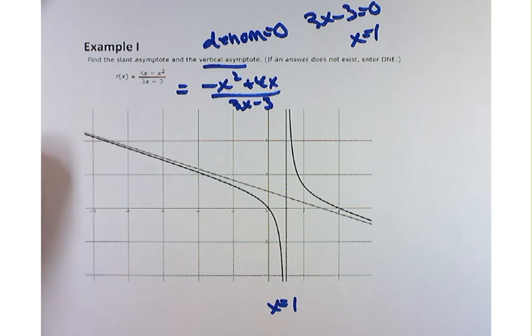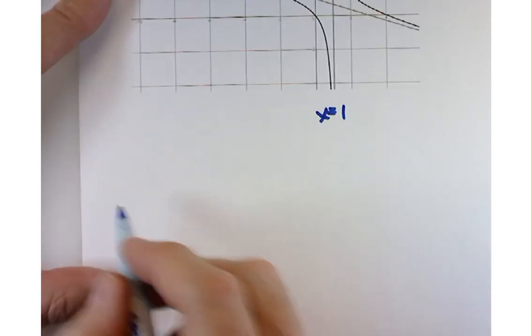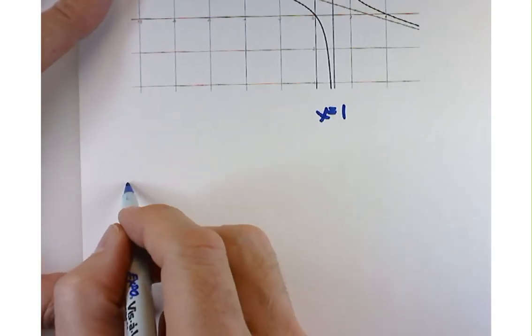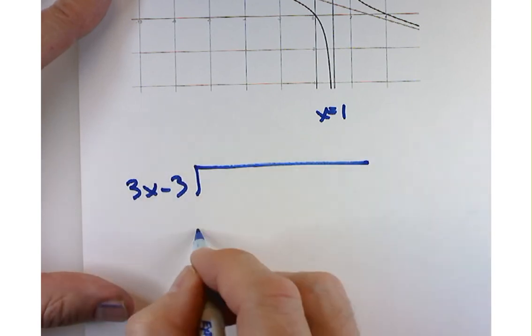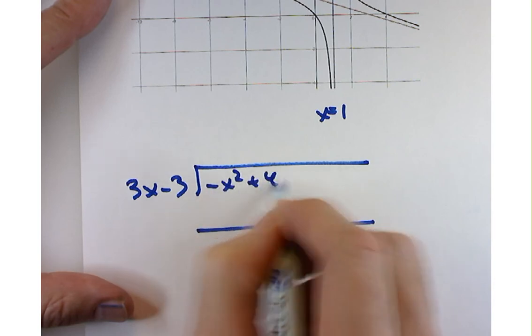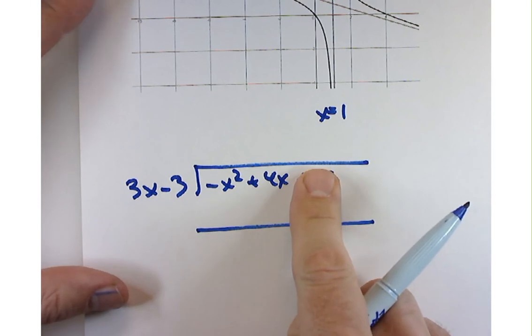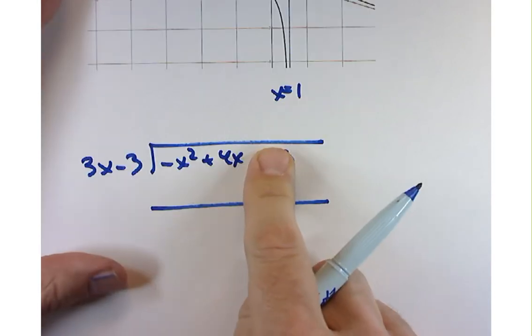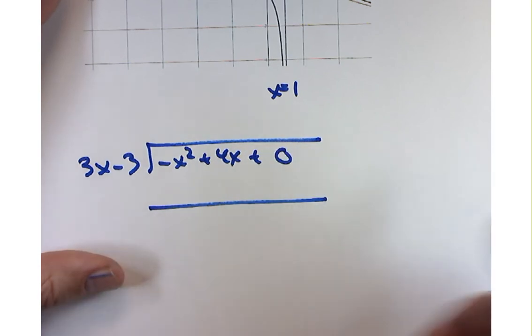So, okay. Long division, right? Yeah, we can use long division. Even long division gets a little bit ugly here. 3x minus 3 into minus x squared plus 4x plus 0. The good news is we only need the quotient. Bad news is we need the quotient. So let's look here.